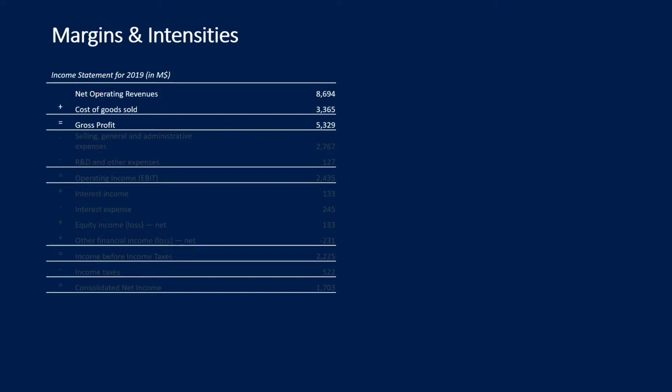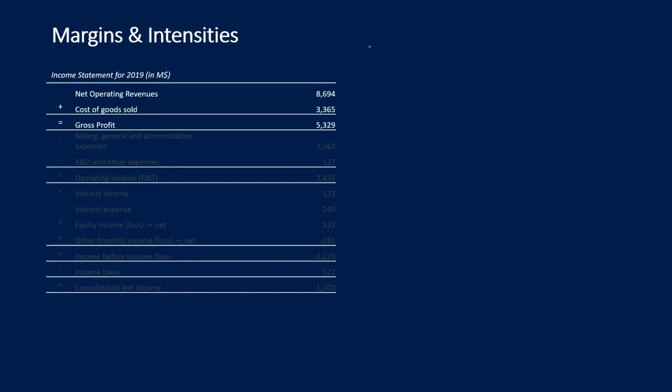Can we now make out of these three numbers, net operating revenues, cost of goods sold, and gross profit, which is the result out of the upper both, very simple ratios? Yes, we can. We can calculate an intensity and we can calculate a margin. So what is an intensity?